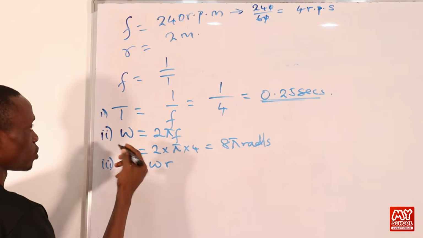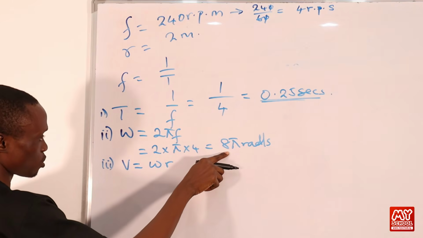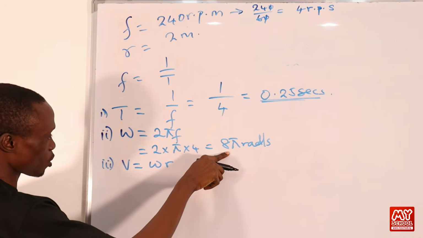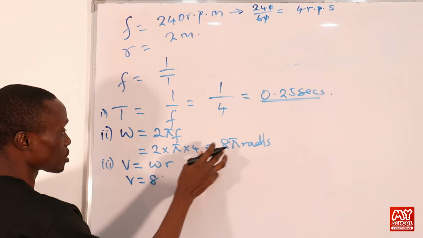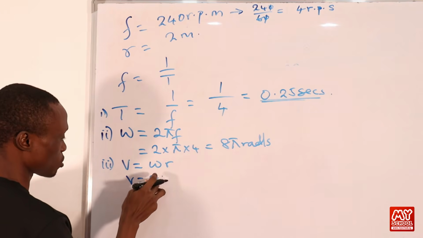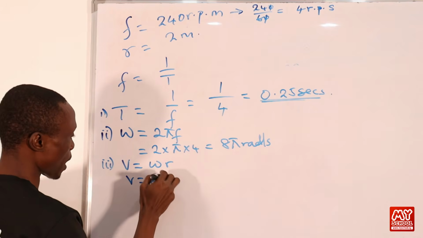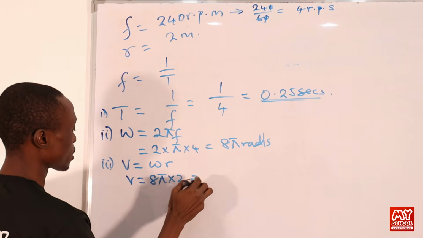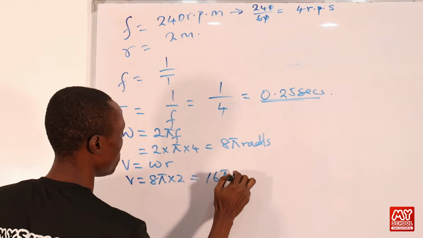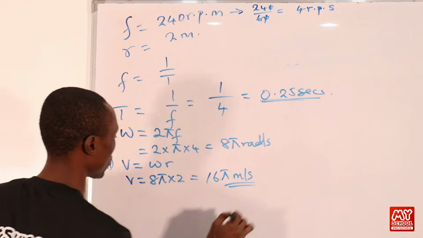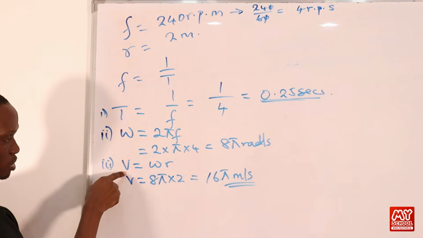So we just substitute, since we already calculated omega in the previous question, so that v is equal to 8 pi radian per second times 2. In that case, this will give us 16 pi meter per second, because we are dealing with linear velocity here.